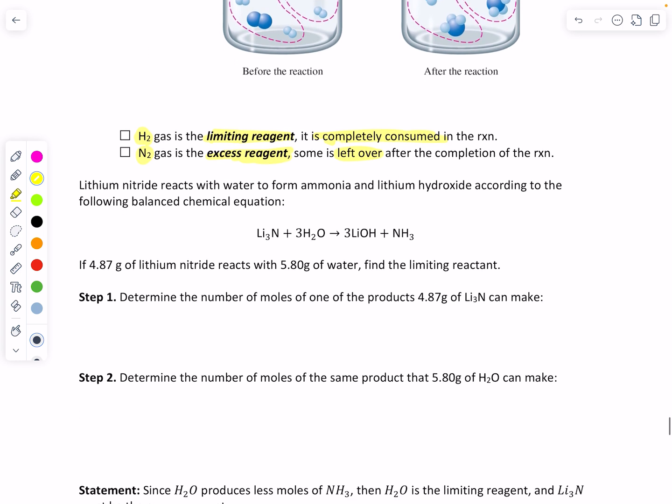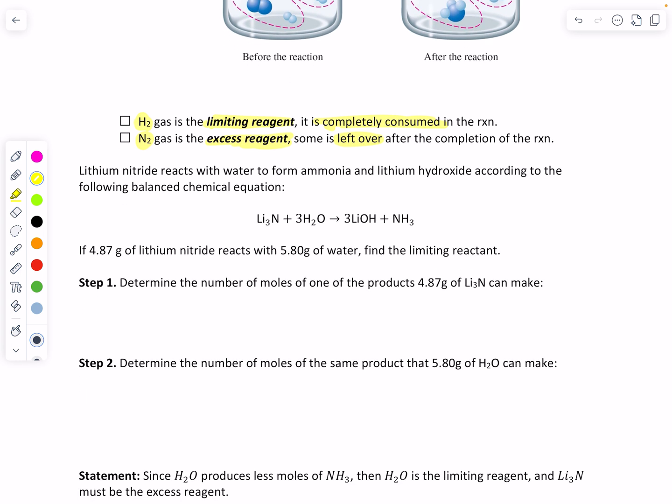Let's take a look at an example where lithium nitride reacts with water to form ammonia and lithium hydroxide according to the following balanced equation. If 4.87 grams of lithium nitride react with 5.80 grams of water, let's find the limiting reactant.